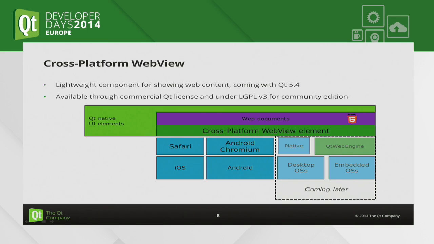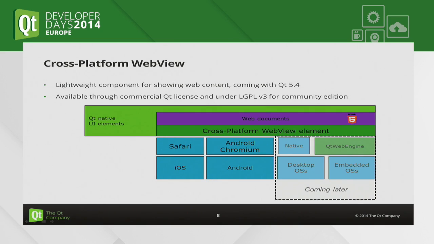It also adds to the native look and feel because it's using the native browser directly. On other platforms, we'll be doing this for Windows as well, so it'll be using Internet Explorer on desktop. On iOS, it's using Safari, on desktop too. But then on other platforms, for instance on embedded platforms and on Linux, it's actually falling back to Qt WebEngine.